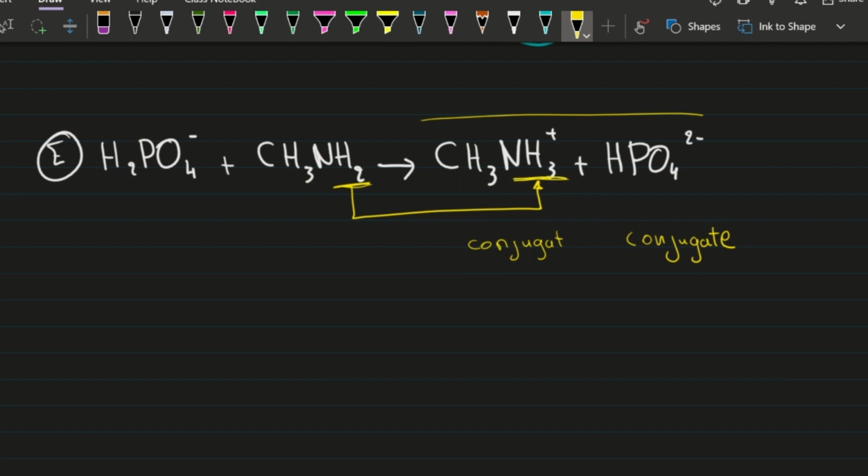Compared with this one, this gained hydrogens, so it is an acid. This has less hydrogens, so it's going to be your base.